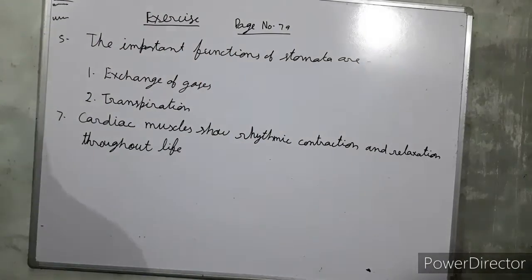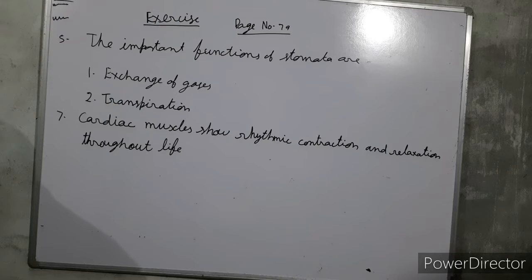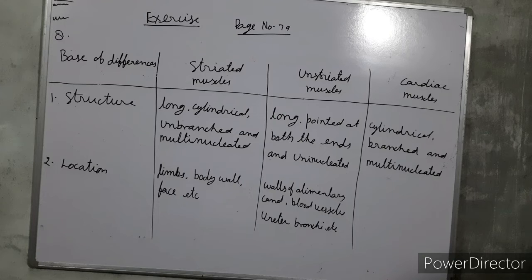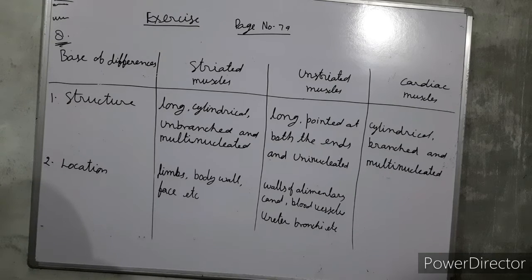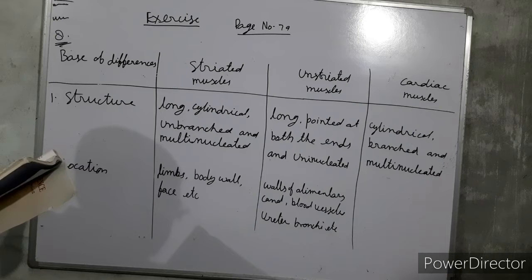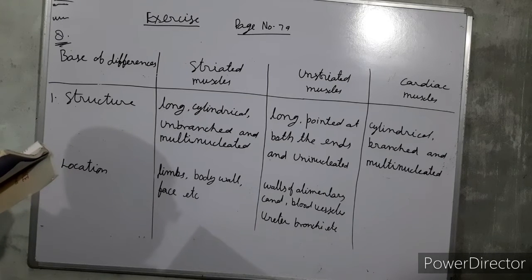Now see question number 8: differentiate between striated, unstriated and cardiac muscles on the basis of their structure and site of location in the body.